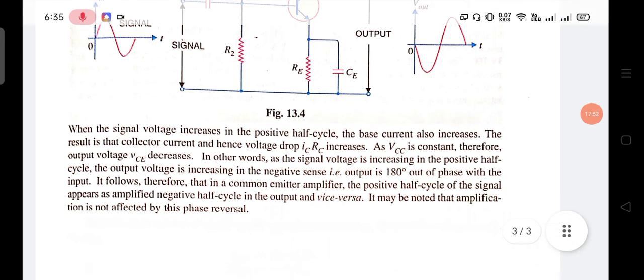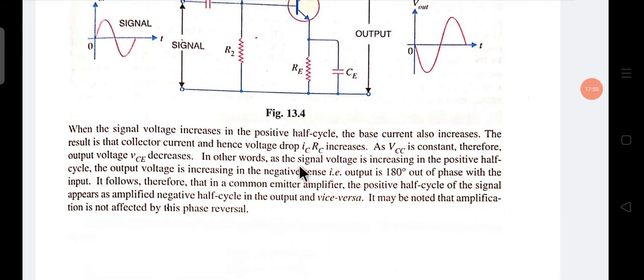In other words, as the signal voltage is increased in the positive half cycle, the output voltage is increased in the negative sense, that is, the output is 180 degrees out of phase with the input. It follows therefore that in the common emitter amplifier, the positive half cycle of the signal appears as an amplified negative half cycle in the output, and vice versa.